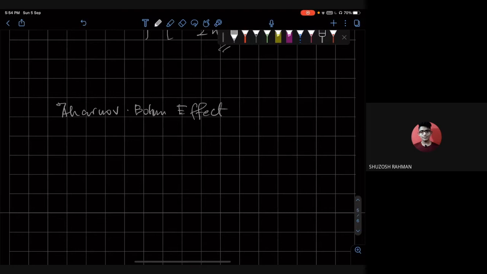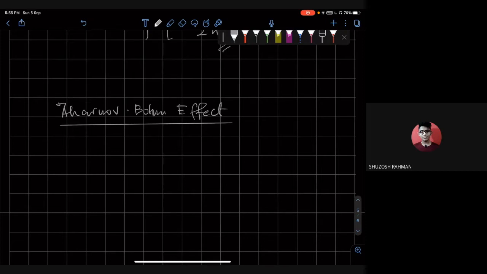It's related to some deep physics in quantum field theory, but that's separate. This has to do with the way that a charged particle, an electron in our case, interacts with a magnetic field. Okay.